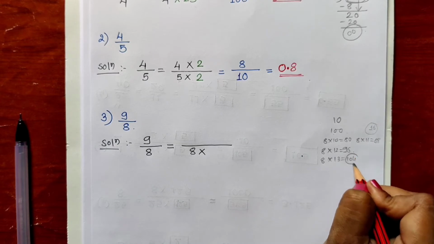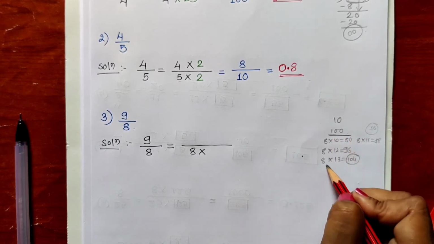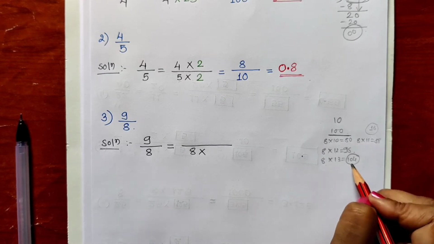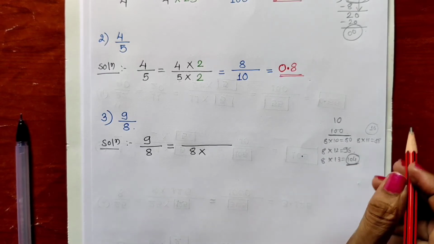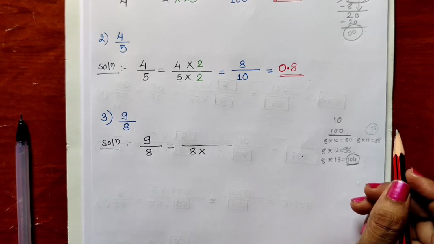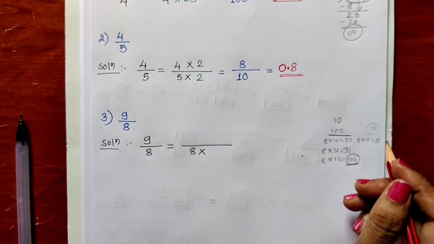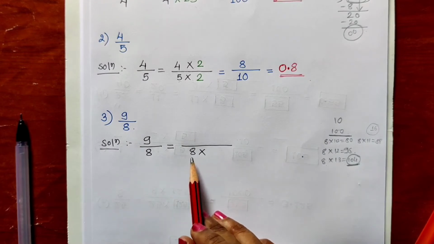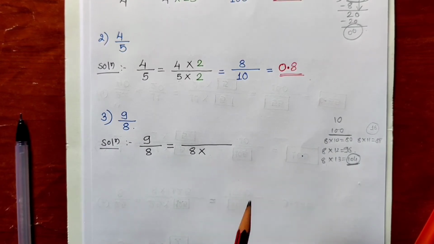Now 104 is bigger than 100. So we are not able to find a number by which, if you multiply 8, the answer should be 100. Such a number we are not able to find.